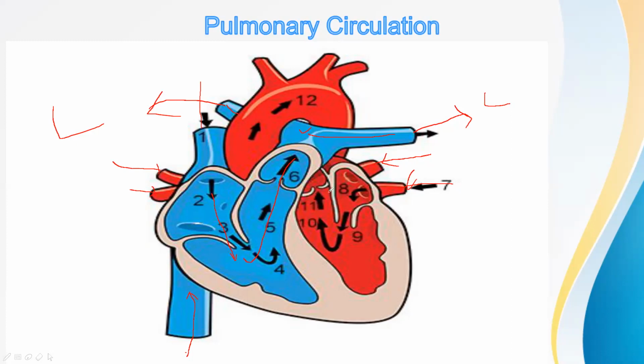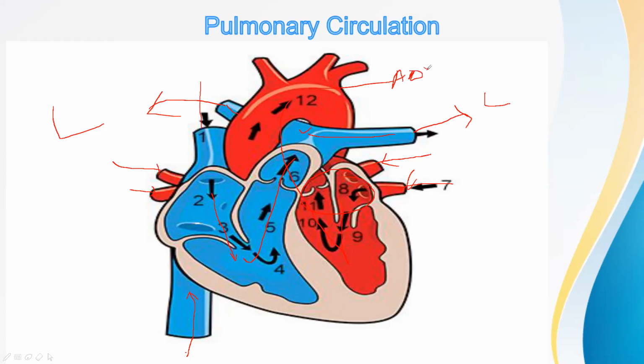So this is the left atrium. From the left atrium, this oxygen-rich blood enters into the left ventricle. When the left ventricle contracts, right away the oxygen-rich blood goes through this part we call as aorta.